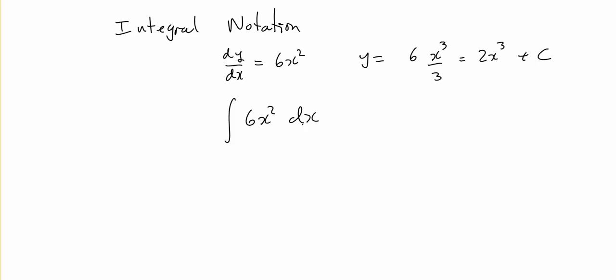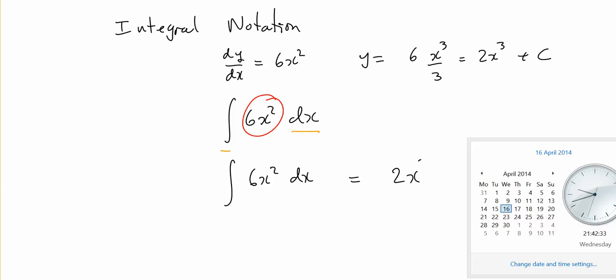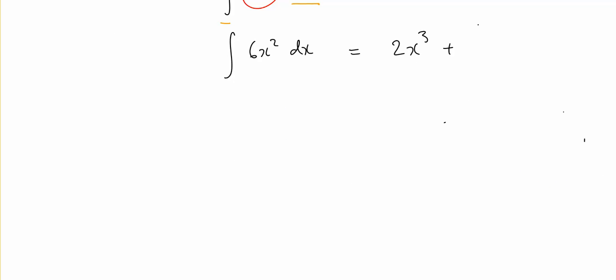In addition, you have this dx here, so those two together make the integration notation, and we have the function 6x squared between the two. So we have the integral of 6x squared dx equals 2x cubed plus c.